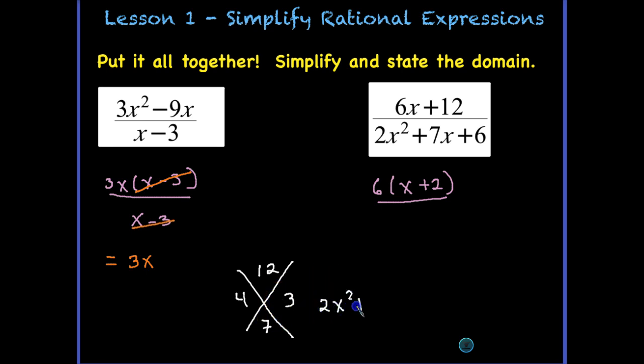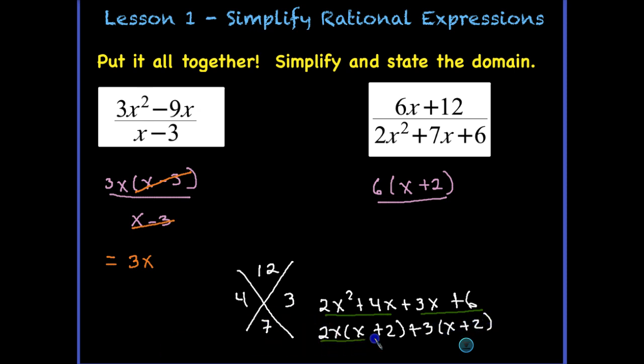So then if we go ahead and write our quadratic with the middle term expanded into 4x plus 3x, we get this expression. If we group, then we can factor out a 2x from our first group and get x plus 2. We can factor out a 3 from our second group and also get x plus 2.